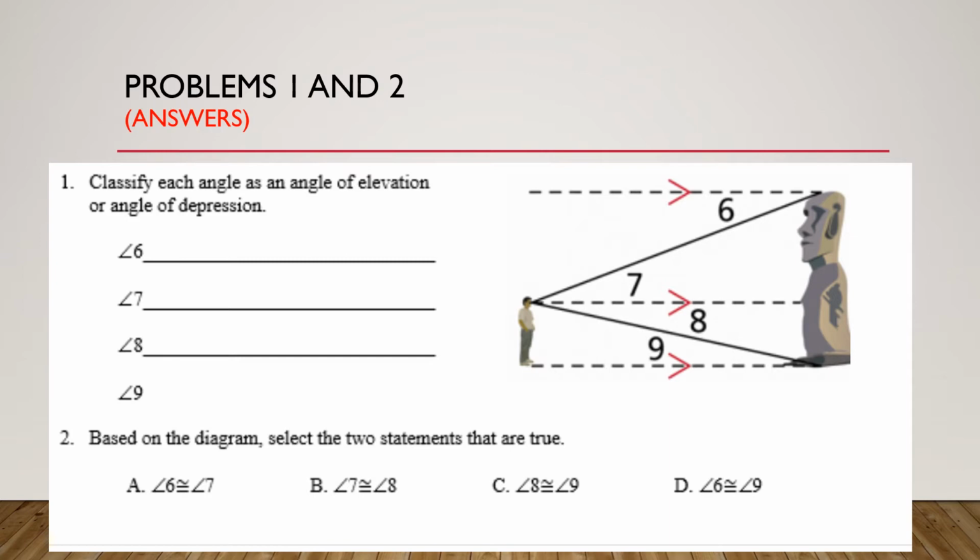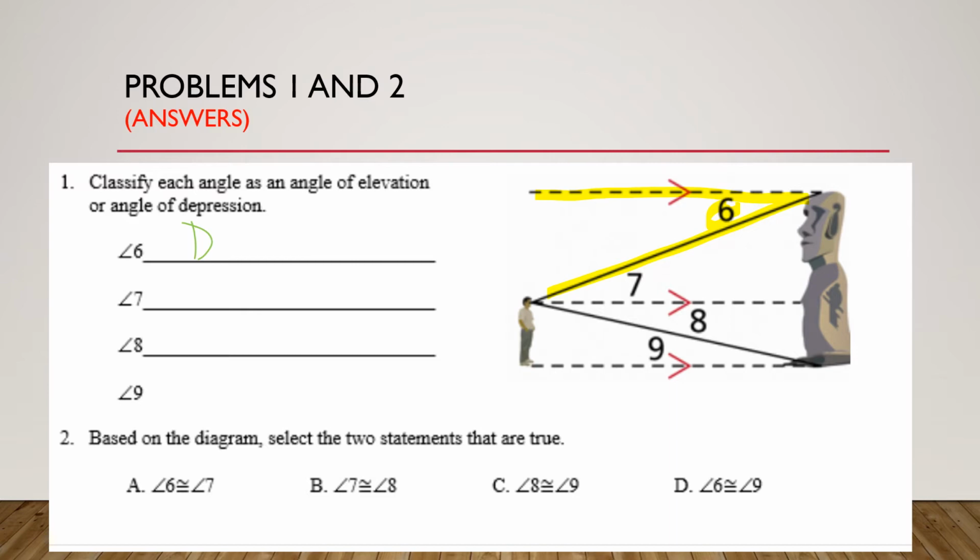So if we're looking at each of them, if we look at where angle 6 is, here's our line, here's a horizontal line, here's our line of sight. 6 is below it, so 6 would be an angle of depression.